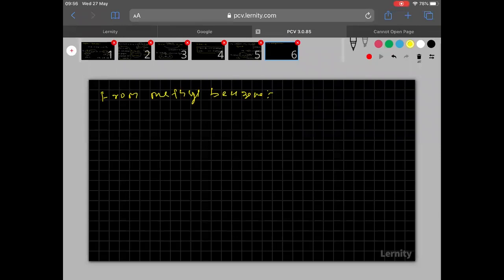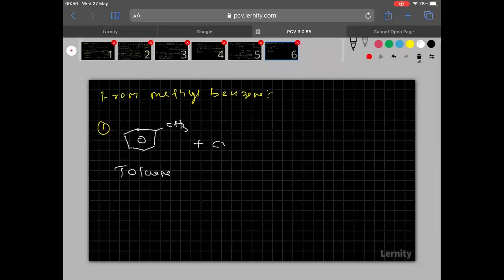Now from methyl benzene, remember from methyl benzene some 3-4 methods are there to prepare the aldehyde. So first of all see clearly everyone now. So this is the methyl benzene. Methyl benzene also called as what? Toluene. Clear everyone? Methyl benzene is also called as the toluene.